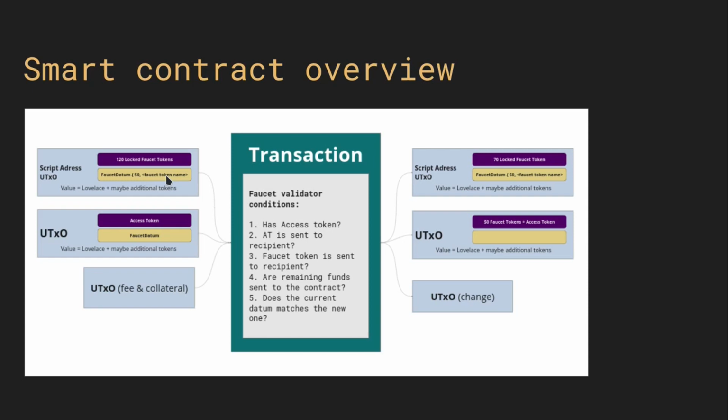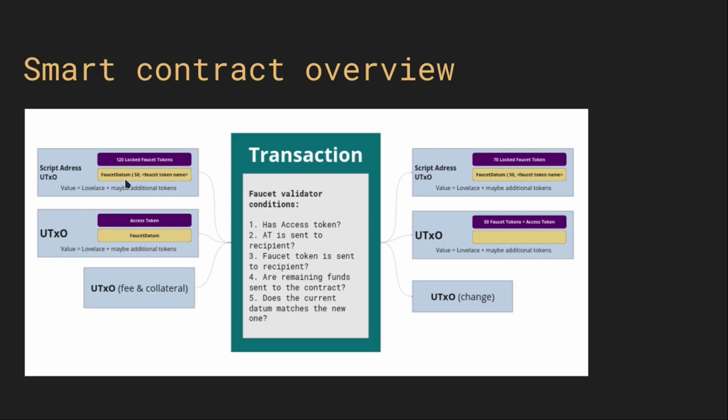But it could be the case that a user wants to change this number. For example, let's say that a user wants to specify this number to be more than the amount that the faucet has, or an unlimited amount, and that could be a problem, right?